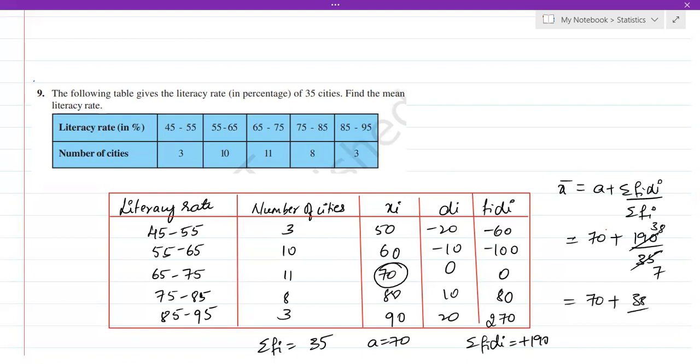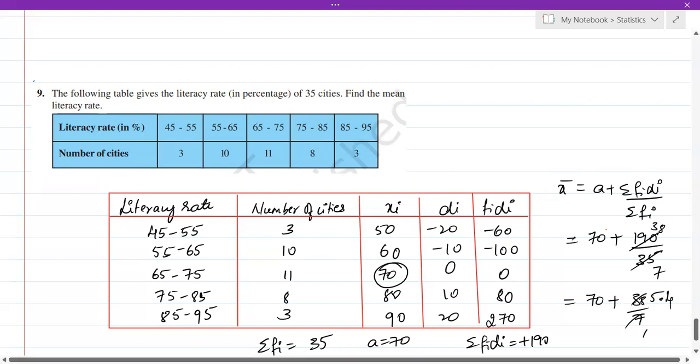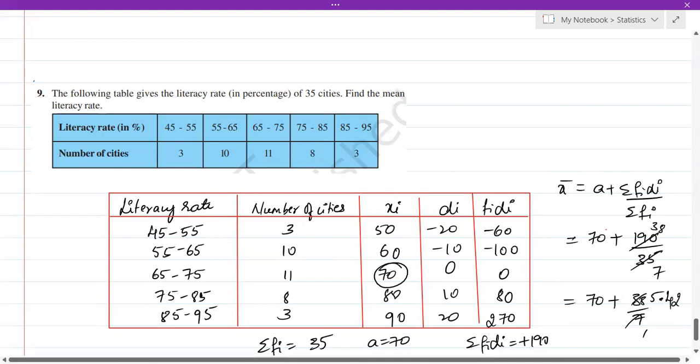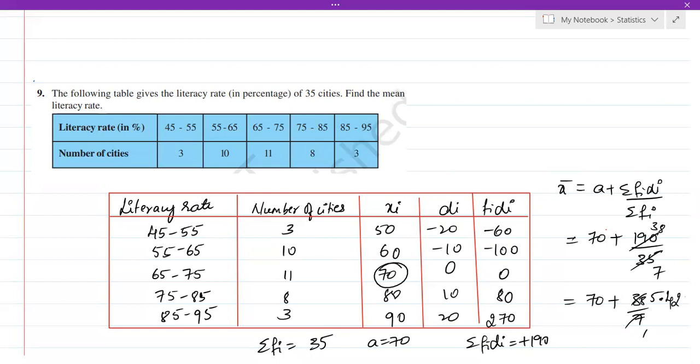So 38 by 7 is roughly around 7 ones are 7, 7 fives are 35. So 3 is the remainder. If I place a decimal, it becomes 30. 7 fours are 28. 2 is the remainder. Since you have placed a decimal, you can take a 0. It becomes 20. 7 twos are 14. Okay, so 6 is the remainder. Again, 7 eights are 56. So it becomes 5.428. You can take it as 5.43.